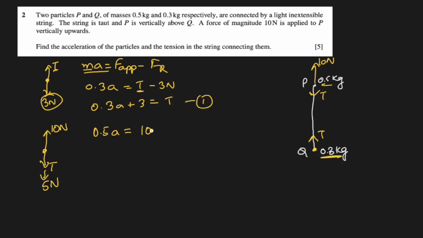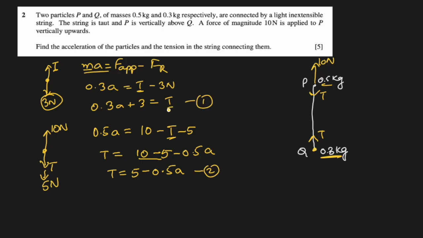So 10 Newton minus, these two are trying to stop it. So minus T minus 5, both of them will be negative. I have to isolate T, so T comes to the left side. What do we get here? 10 positive minus 5 minus 0.5A. So 10 minus 5 is 5. So T equal to 5 minus 0.5A. Equation number 2.